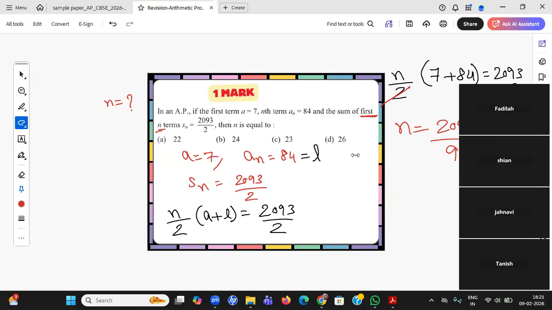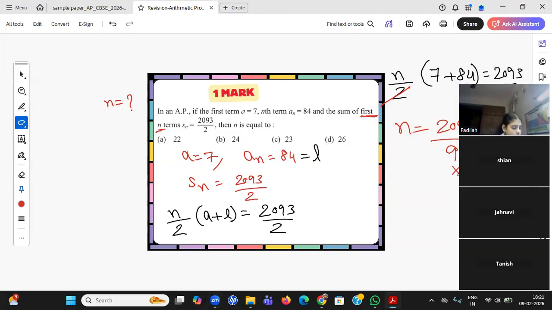Ponnappa, Shrugal, Shayan. Not seeing any answer. Give the answer. You can look at the options also, student. 91, 2093.